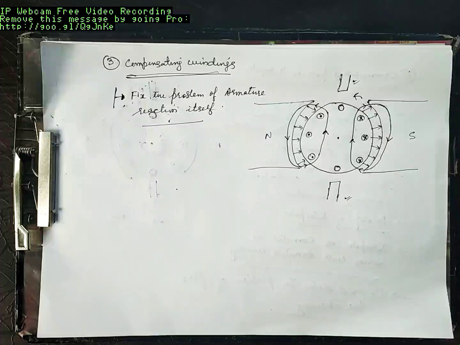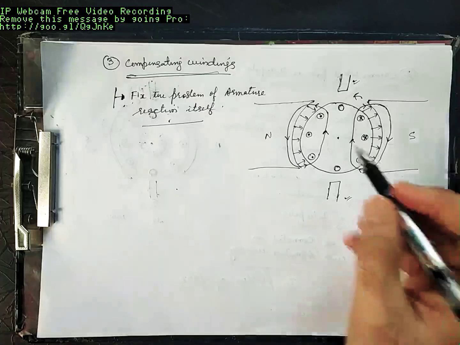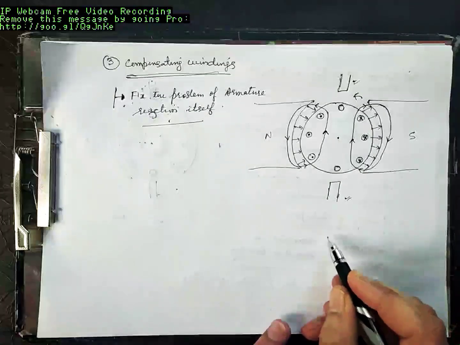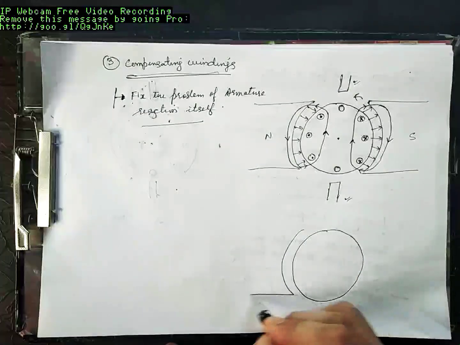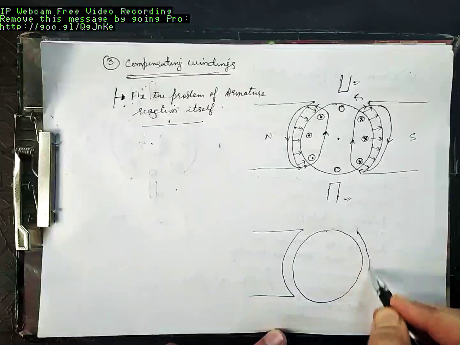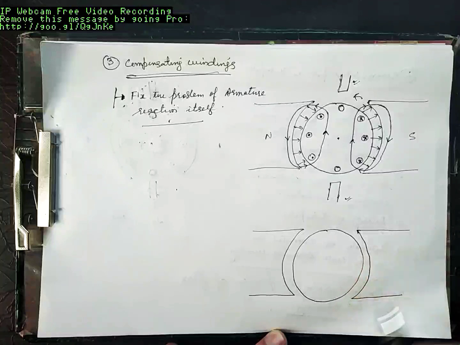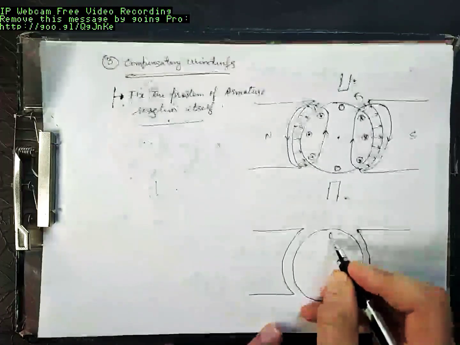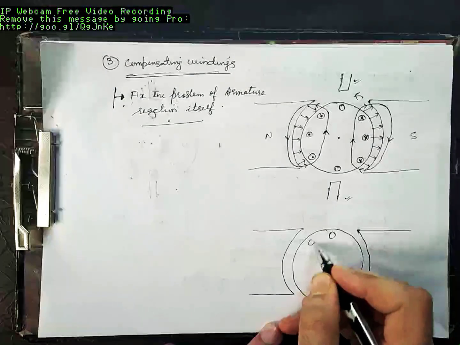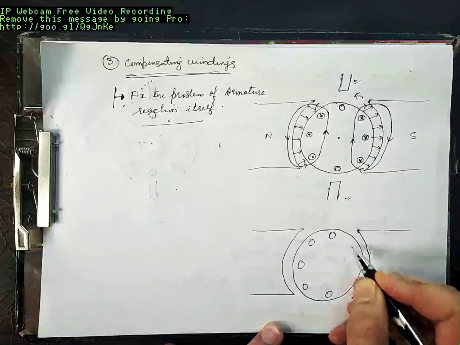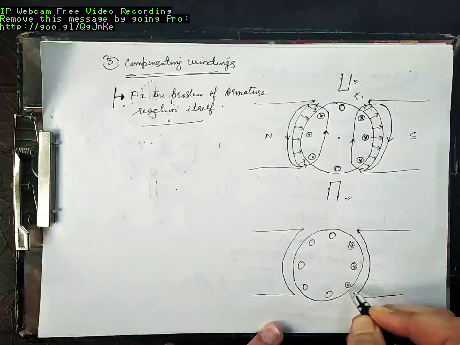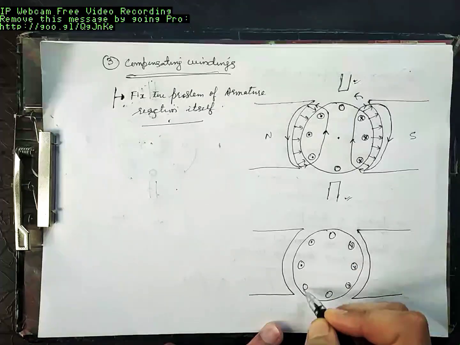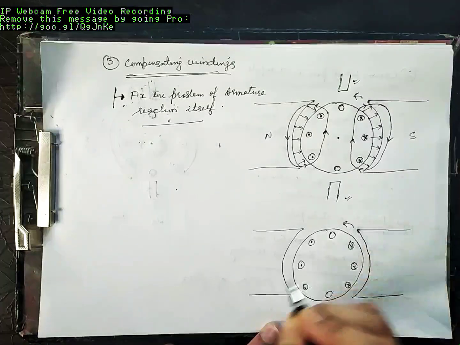Now, what are compensating windings and how do they solve this problem? I'll draw another figure here. This is cross, cross and cross. This is dot, dot and dot. Remember this for anticlockwise direction of rotation.